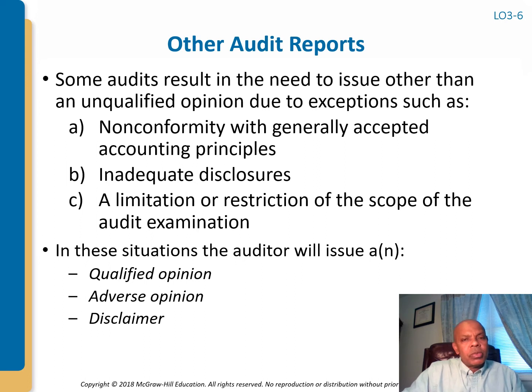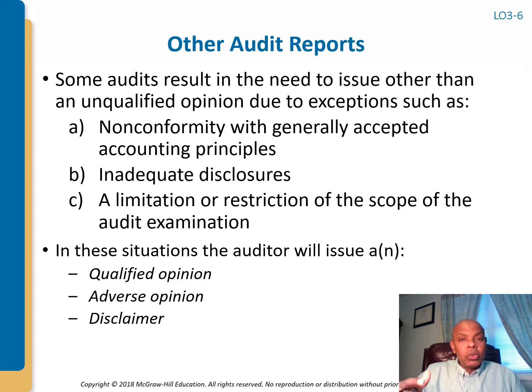GAAP says you have to disclose certain things. If you do not have it, then you cannot issue an unqualified opinion. A limitation or restriction of the scope of the audit examination. Sometimes you ask for certain information, and the company's executive says, no, don't worry about it.